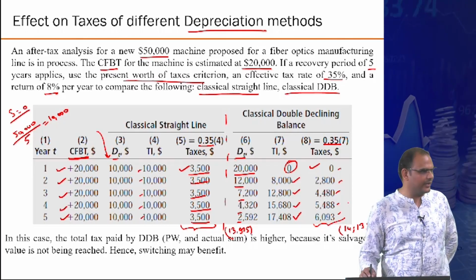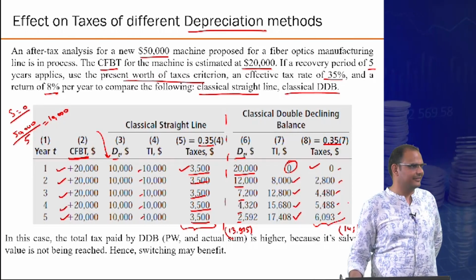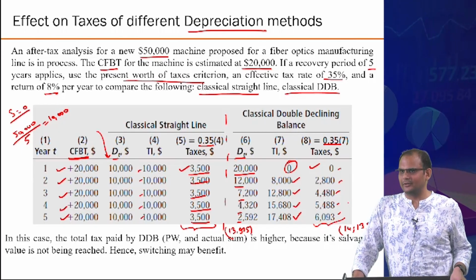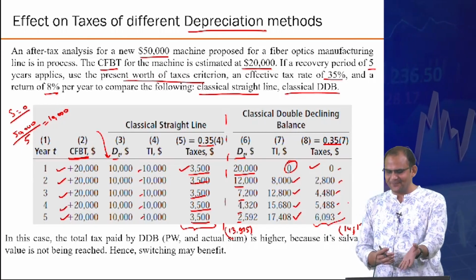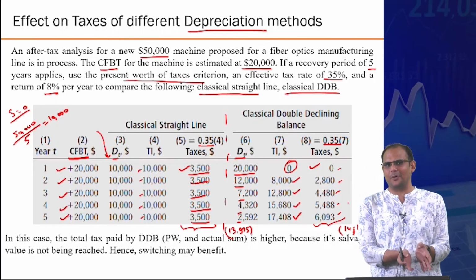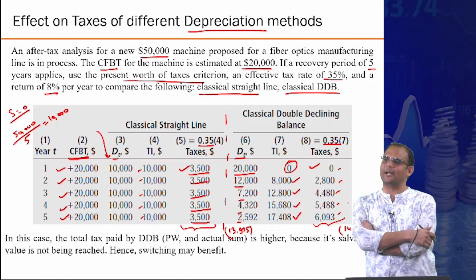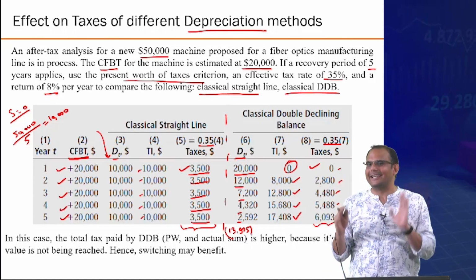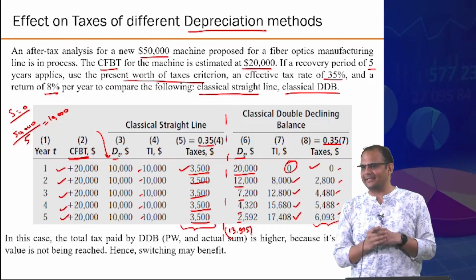Use the formulas differently. Everyone's getting the same answer? So, you see, the present worth of the tax is also coming out to be better in the straight line method compared to DDB. While in my entire last class, I have been telling you that DDB is better than the straight line method. What's happening?